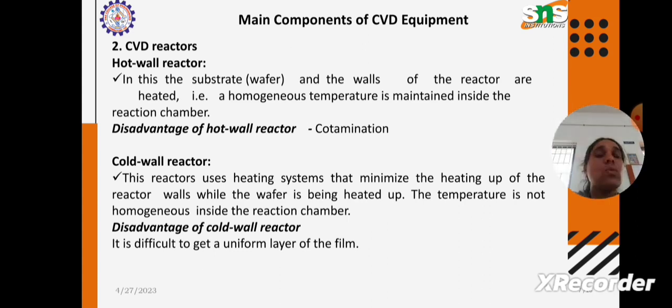It also has a disadvantage: contamination is the main one. In the cold wall reactor, the heating system minimizes heating of the reactor walls while the wafer is being heated up. The temperature is not homogeneous inside the reaction chamber. It also has a disadvantage: it is difficult to get a uniform layer of the film. That is the main disadvantage of the cold wall reactor.